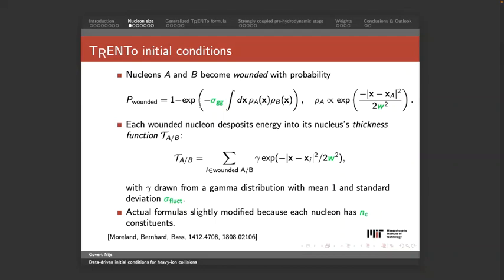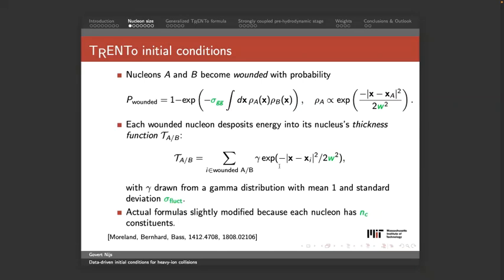After this, if with this probability you declare nucleon A and nucleon B to be wounded, then each nucleon builds its energy into its nucleus thickness function. So you sum over all the wounded nucleons, and then you have this exponential. This is the location of the nucleon, so that's the same as this XA here.